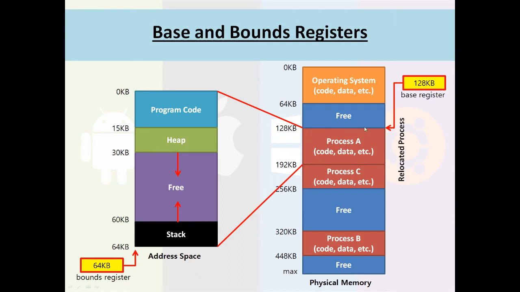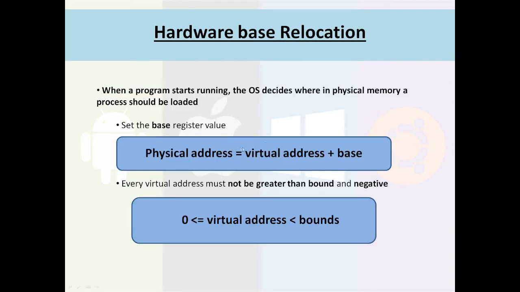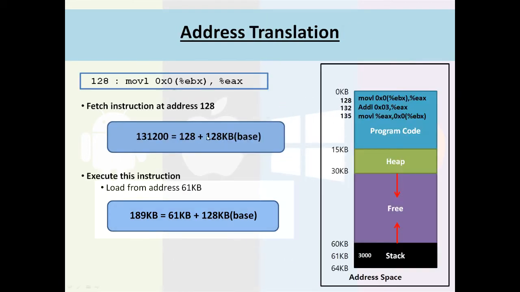The beginning of process A. So that's why we say 128 here. So we say 128 plus 128 KB, because it's not simply 128, it's 128 kilobytes, and you'll get this value. Now 1 kilobyte is 1024 bytes, so you can do the maths there: 1024 times 128 plus 128 will give you this number.